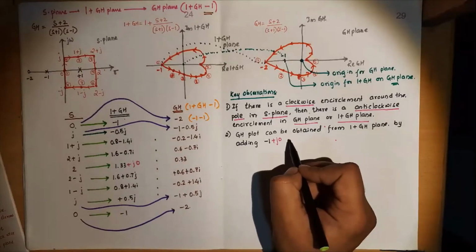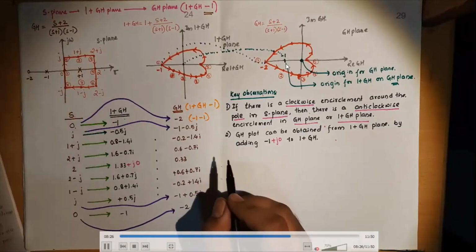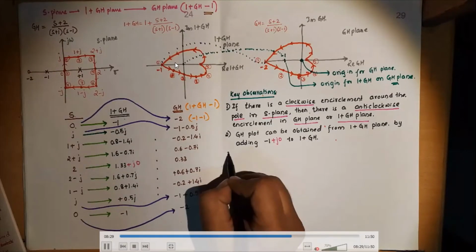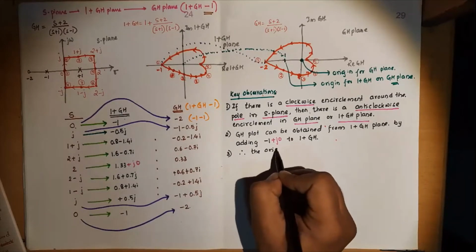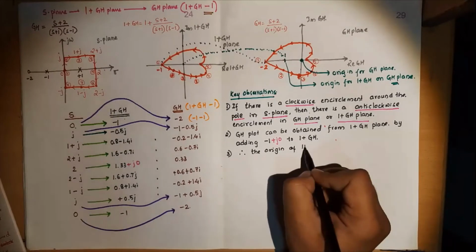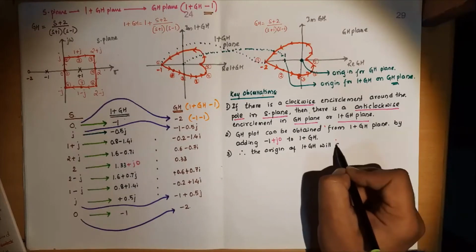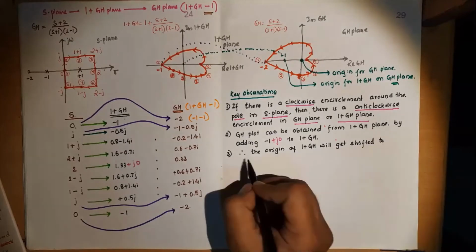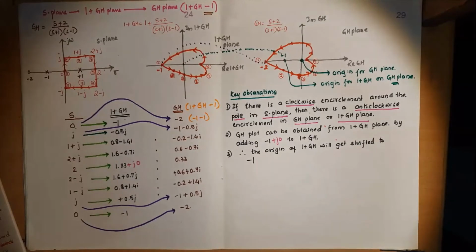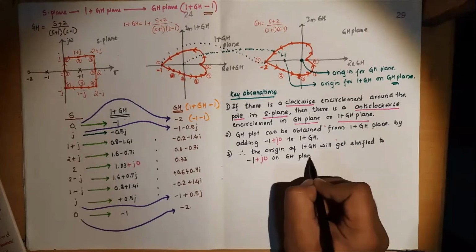By adding minus 1 to 1 plus GH. Fine. So GH plot can be obtained by adding minus 1 to this. Therefore, the origin of 1 plus GH will get shifted to minus 1 plus j0 on the GH plane.